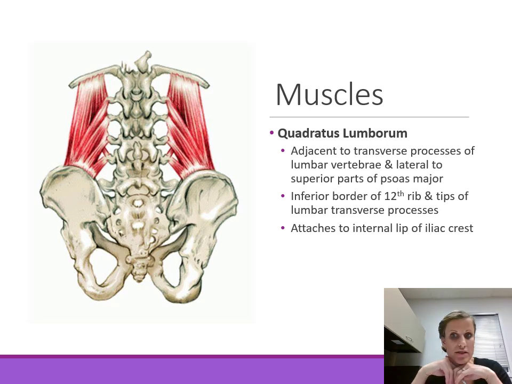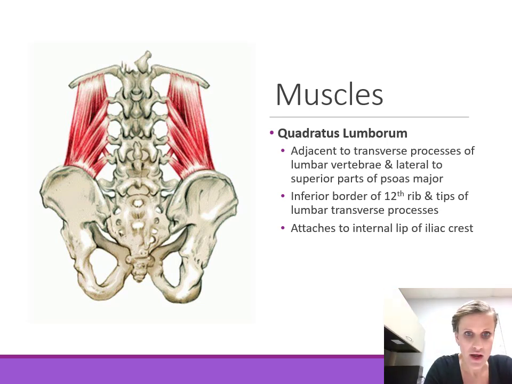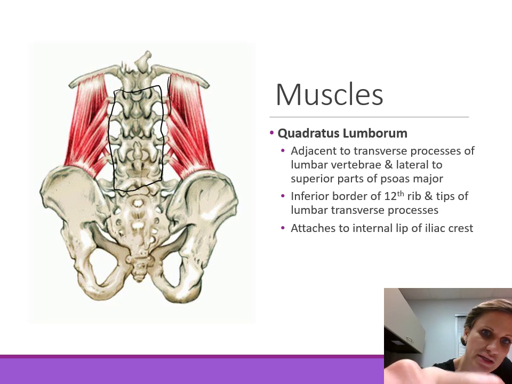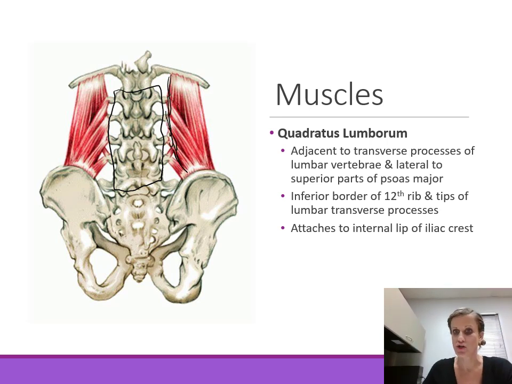The quadratus lumborum is located just adjacent or just lateral to the transverse processes of the lumbar vertebrae. So looking at this, you can see the lumbar vertebrae, 1, 2, 3, 4, 5 here. And just lateral to the transverse processes, you can see the quadratus lumborum.